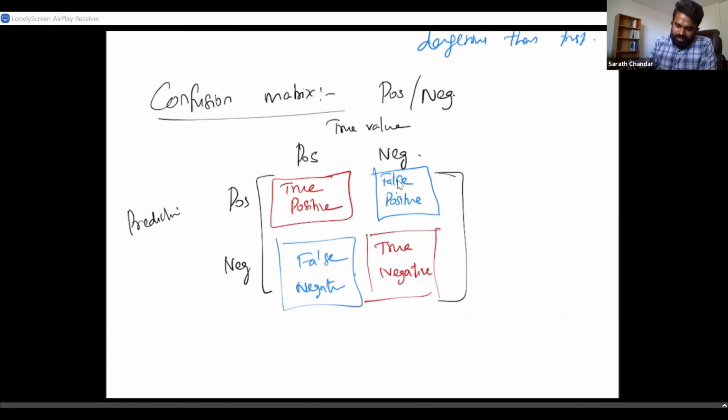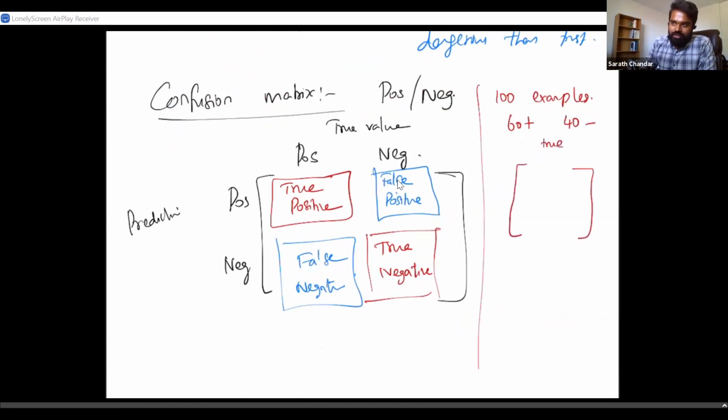So now let's consider an example problem. I have 100 examples, and 60 of them are positive and 40 of them are negative. Now if I look at an example confusion matrix, true positive, negative, and this is the model's prediction, let's say I have something like this.